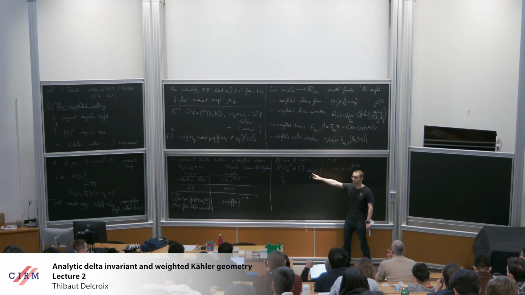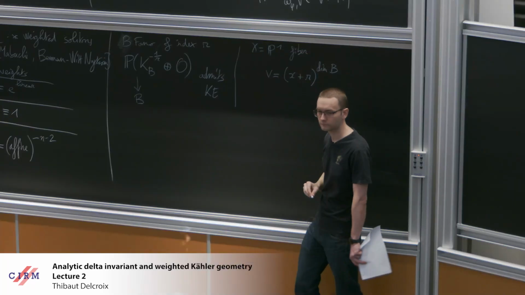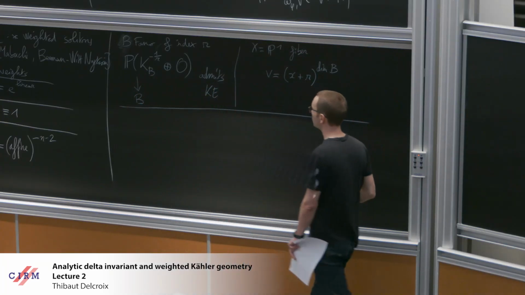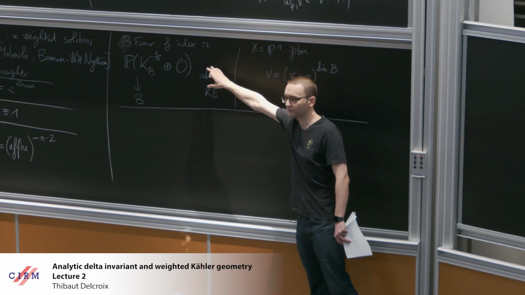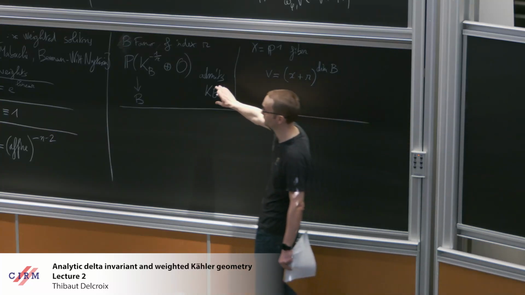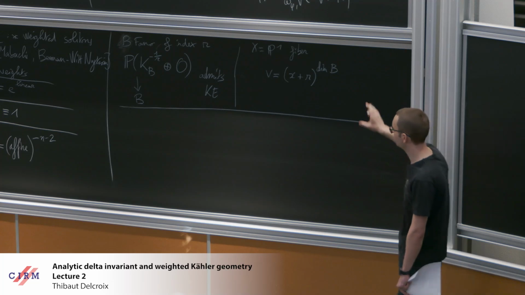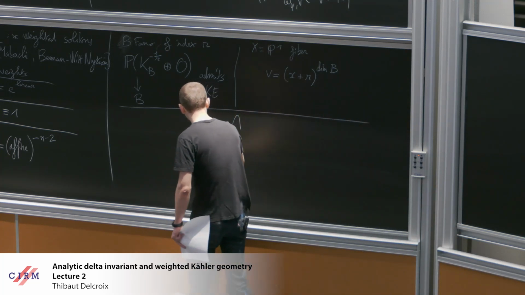X is P1, the fiber. So that's not a very good example because it never admits a KE metric, but you could consider variants. You could consider Kähler-Ricci solitons on this, and then corresponding weighted solitons exist.